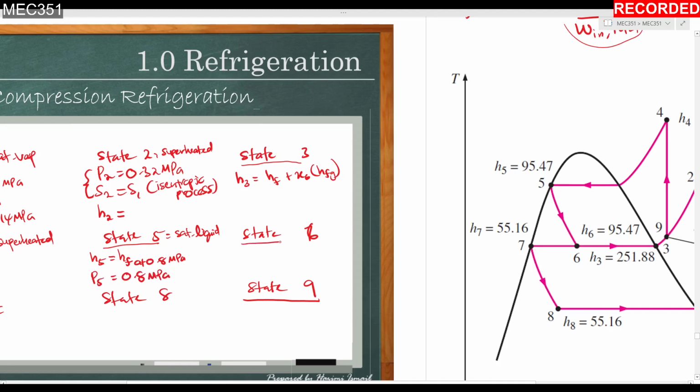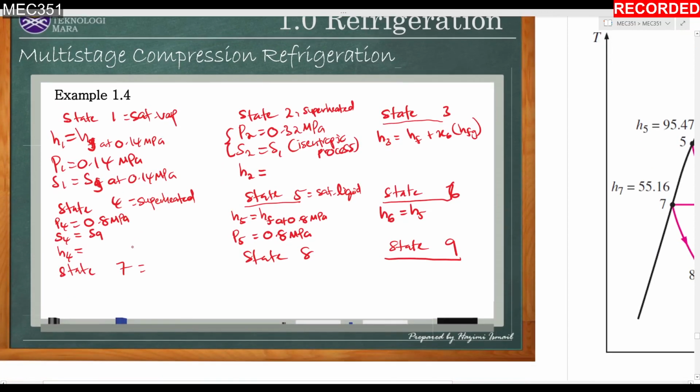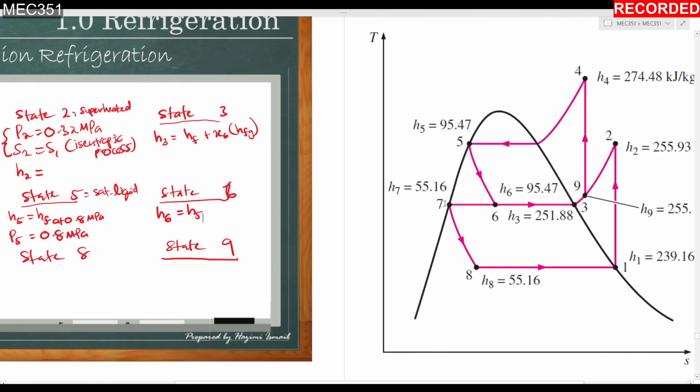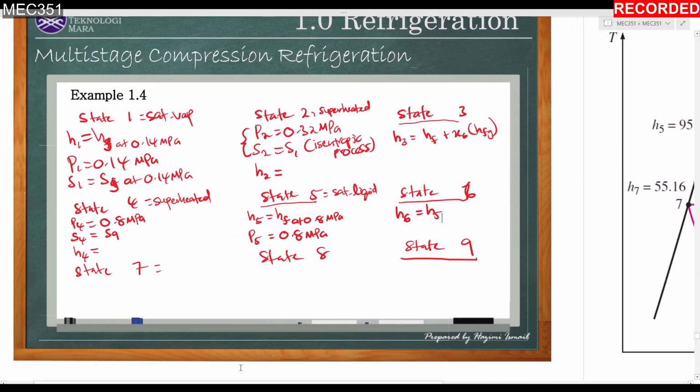Okay, state 6, H6 equal to H5. So after you have the value of state 5, straightforward, you will have the value of state 6 here. Okay, and state 7, by referring to this TS diagram, state 7 is saturated liquid.